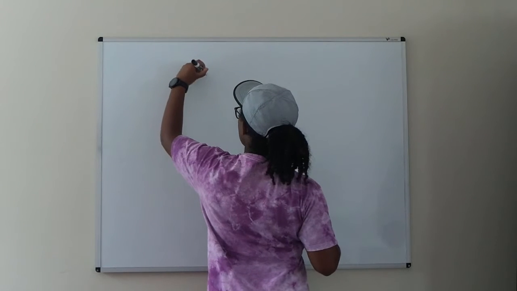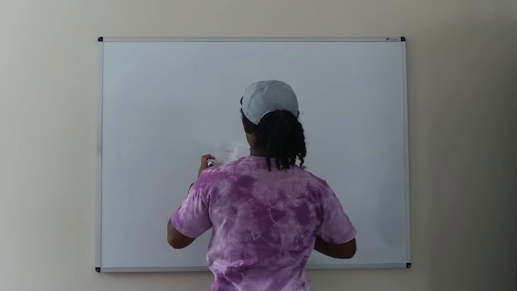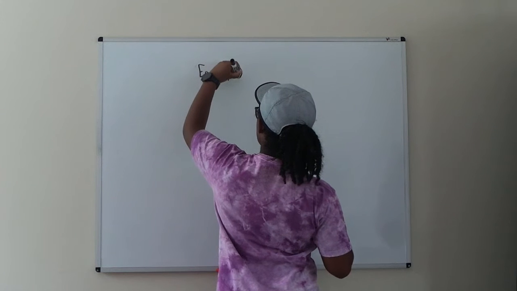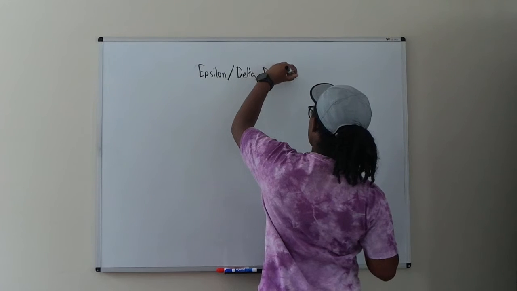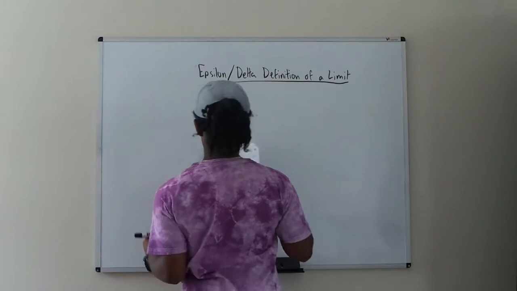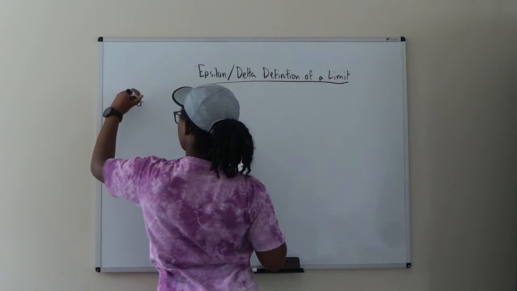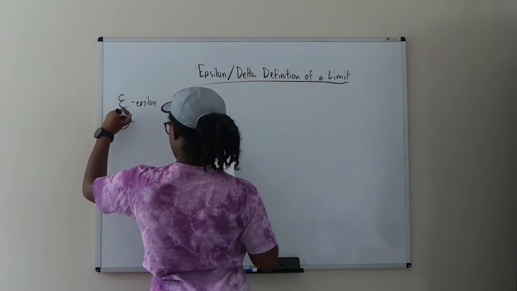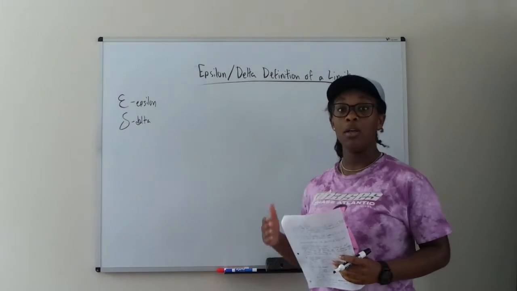Okay, so epsilon and delta are just Greek symbols that represent arbitrarily small positive numbers.